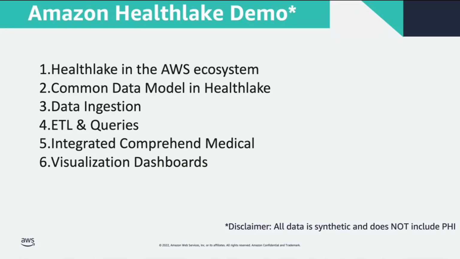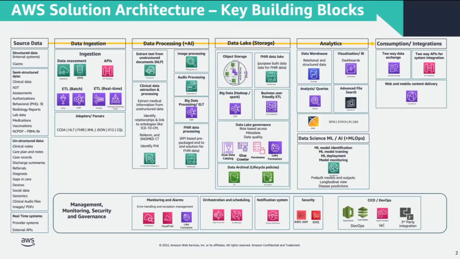Then I'll talk about data ingestion and show how that works and what happens when it lands in the AWS HealthLake zone, the ETL processes and queries that you can run, and then connect the dots with Comprehend Medical and of course visualization as well.